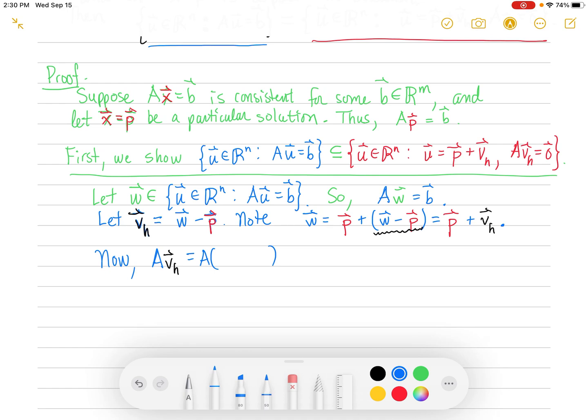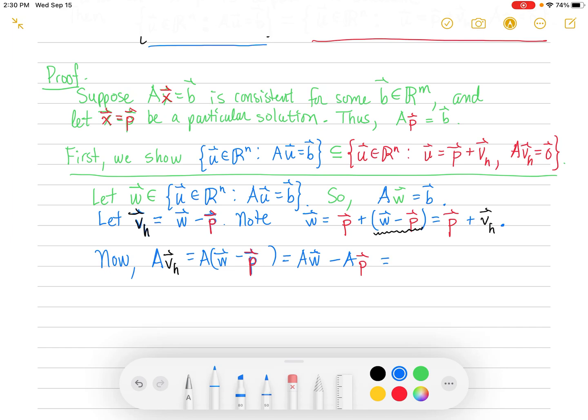A times VH. What is VH? It's W minus P. Now, using our properties of matrix vector multiplication, we can distribute this matrix A. We get AW minus AP.